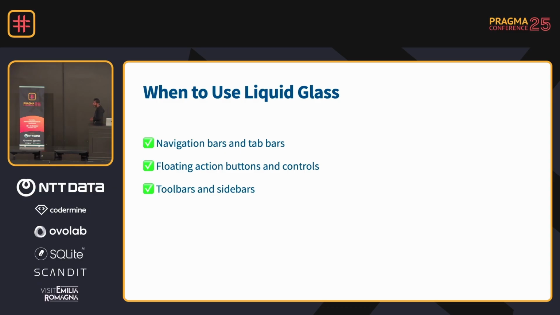And also the toolbar and sidebar, especially if you are using navigation split views, and your application not only supports iOS but will work on macOS as well. Then you can get the most out of the sidebar and the toolbar. That's really important. And also the share sheet, alerts. Alerts got new updates as well, and the modals as well. So these are the components where you can use Liquid Glass, but make sure not to use Liquid Glass on your main content layer.